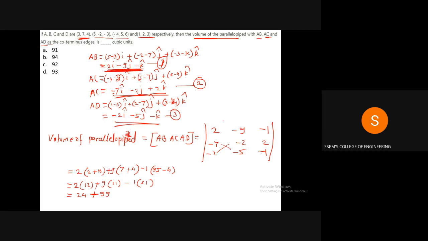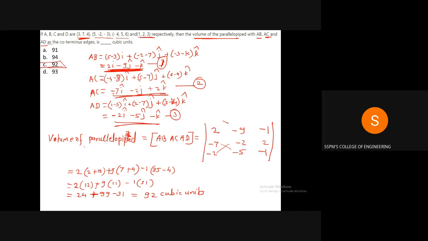This term is written negative, so negative of minus 9 it is plus 9. So plus 99. So we have 24 plus 99 minus 31, which is equal to 92 cubic units. So this will be the correct option.